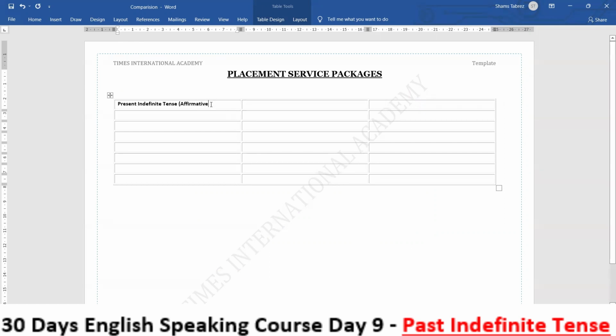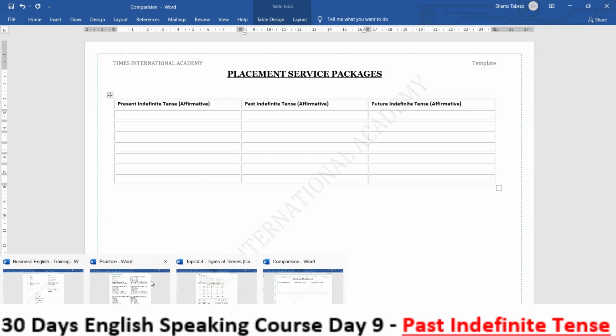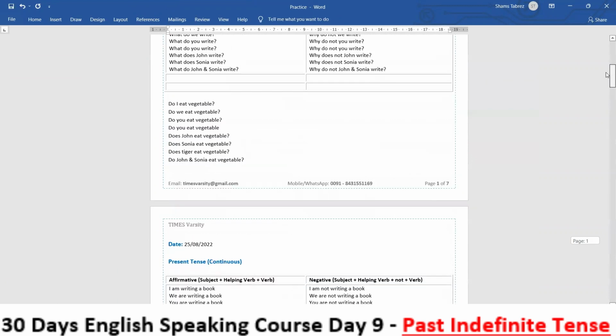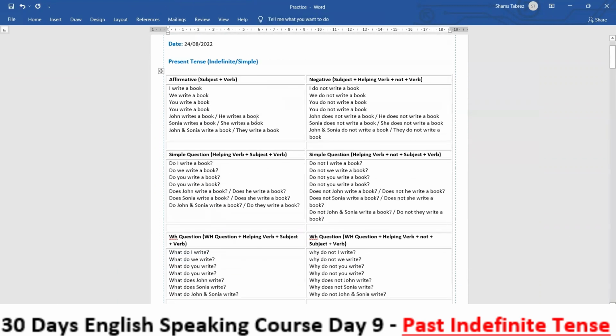Similarly, then in the second column, the past indefinite affirmative. And here later on, when we discuss future, we will add affirmative. Now, whatever sentences we have already made in past indefinite affirmative, put them here.